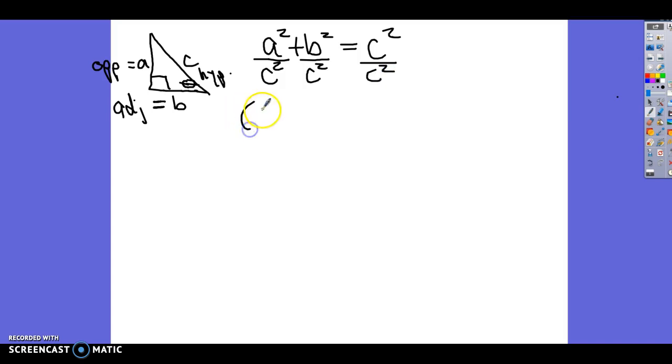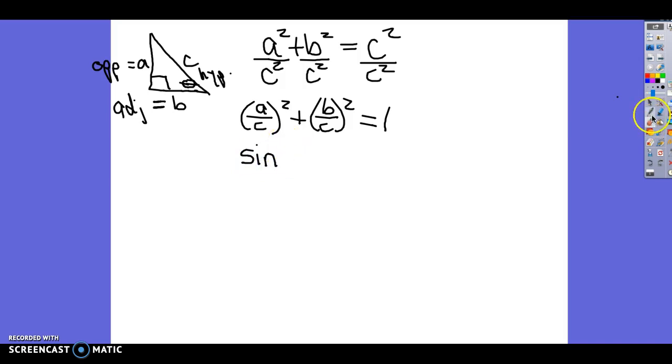So what I can do is say, okay, now I've got a over c squared, and I've got b over c squared. So all I'm doing is factoring the squared term out. And then anything divided by itself is just 1. Okay? So now we have a over c, opposite over hypotenuse, is going to be our sine.